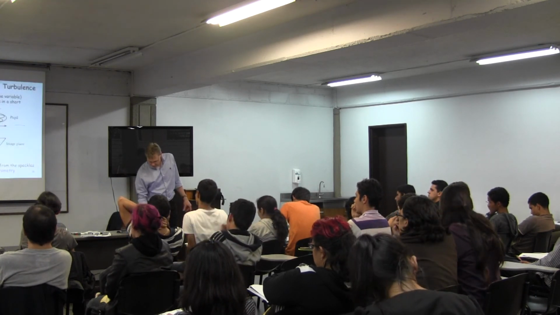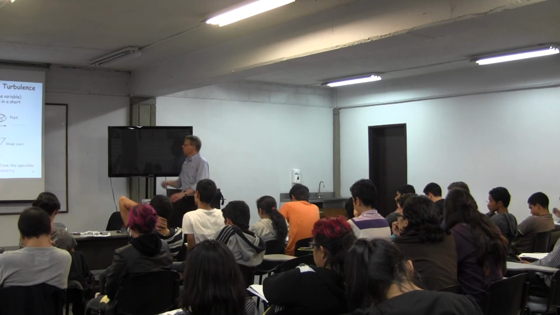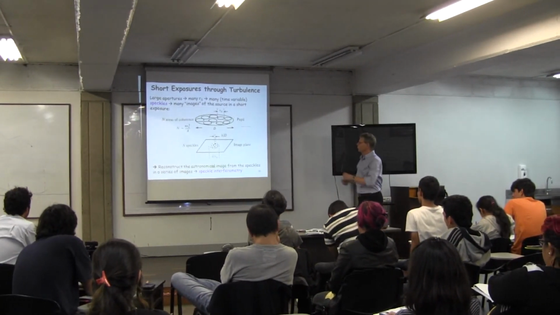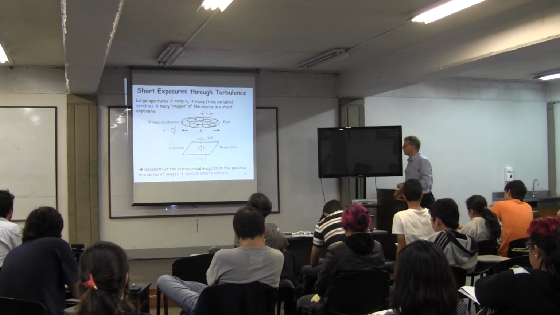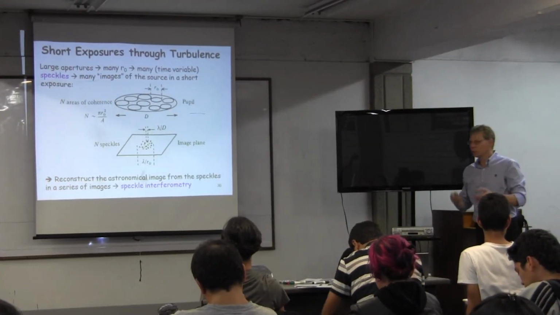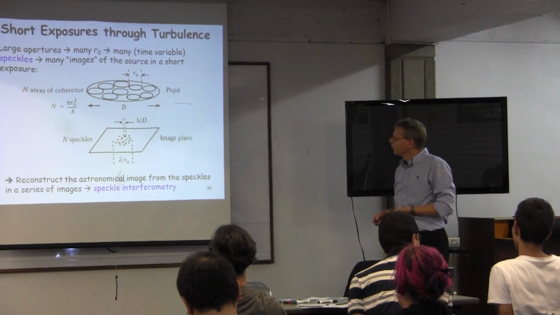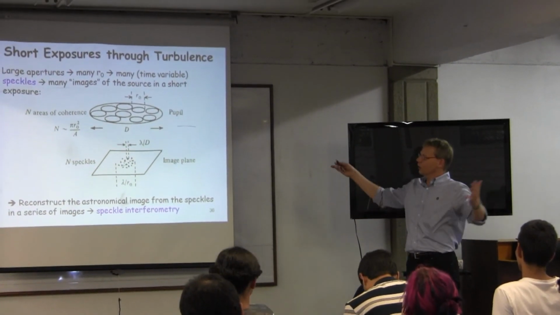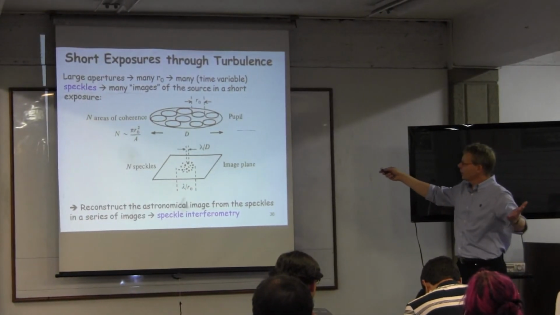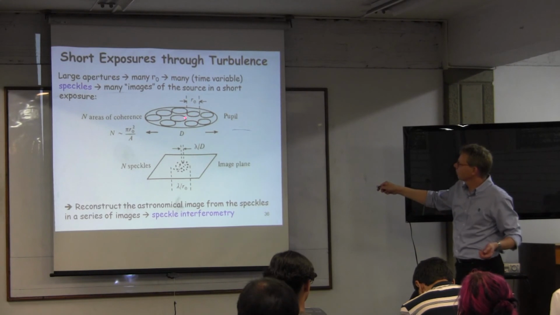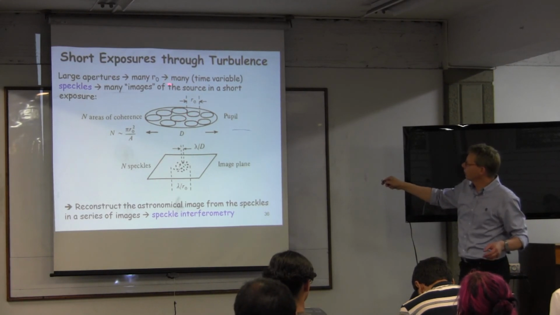Okay. And now finally, we talked about speckles, so this should not be new to you. I just thought if I show many times the same thing again, it will become a bit more approachable. So, we said you have a large telescope aperture. That means that there are many of these R0s above the telescope.